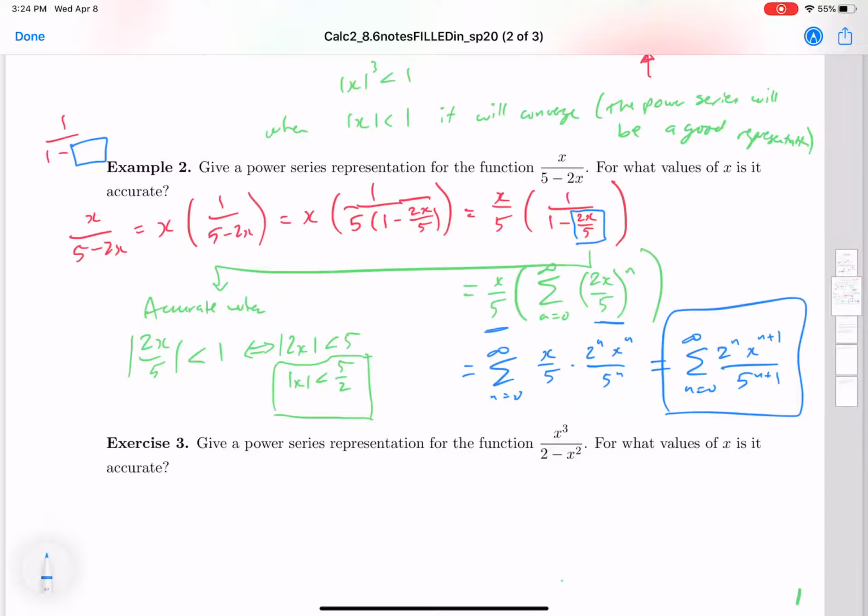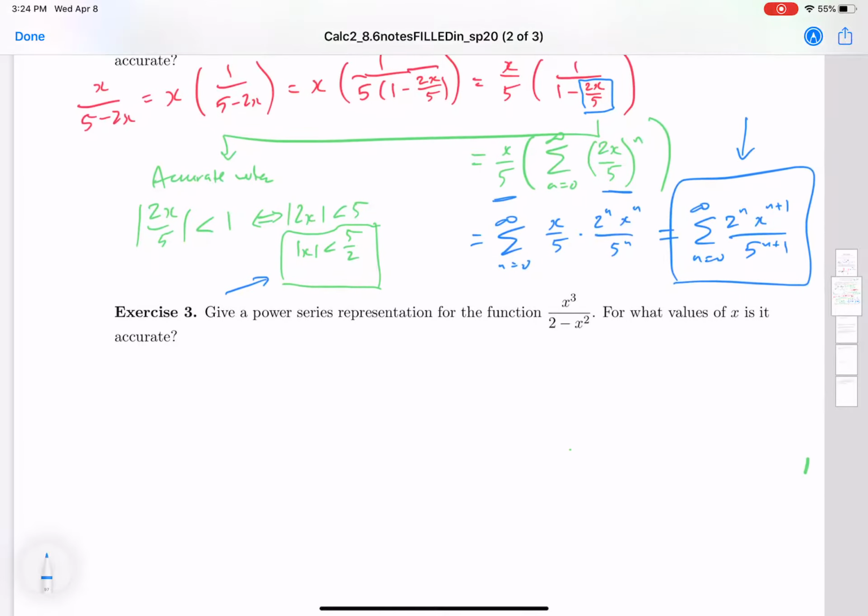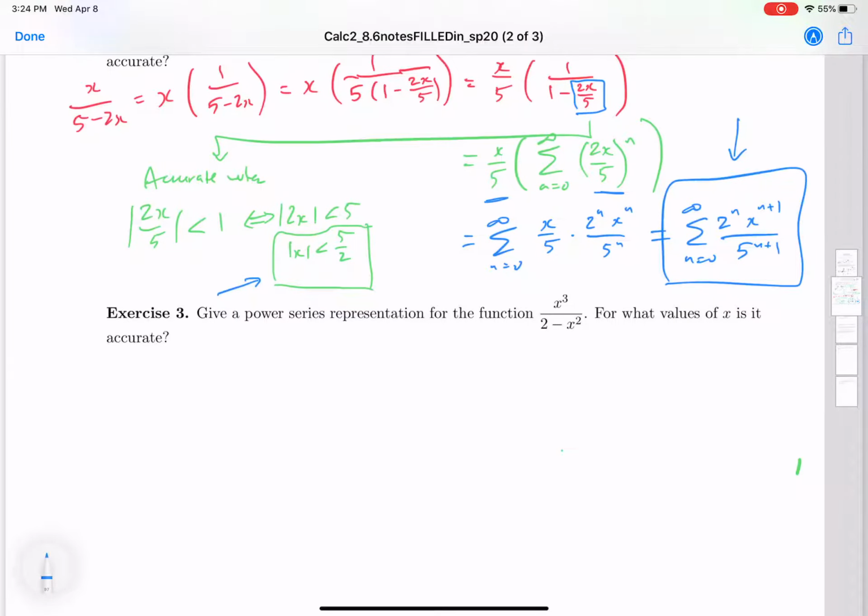So it says, give a power series representation for the function x over 5 minus 2x. That's the power series representation, and it is accurate when the absolute value of x is less than 5 halves. So go ahead and pause the video now and try to do exercise 3, and unpause when you are done or stuck.